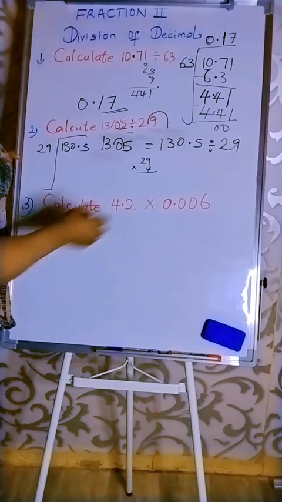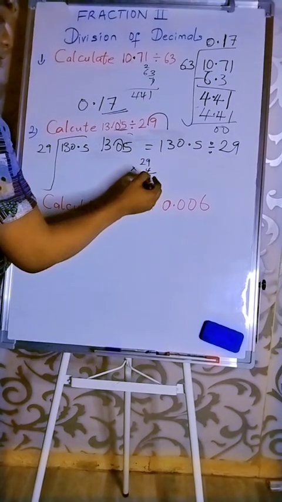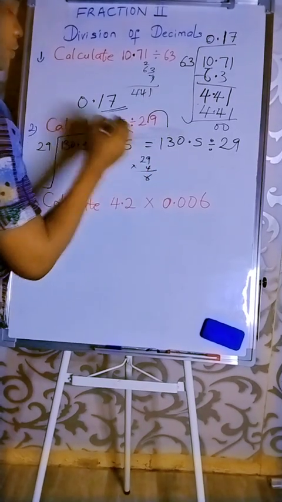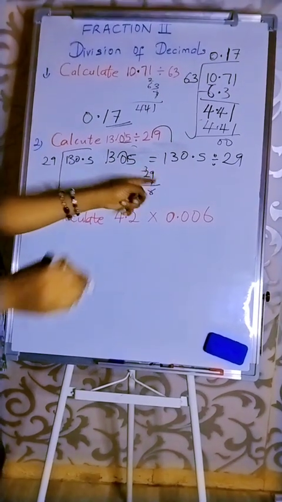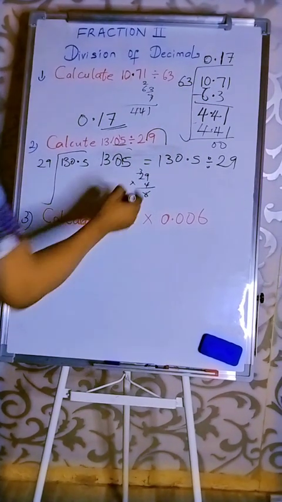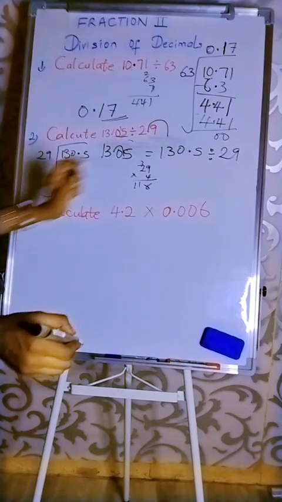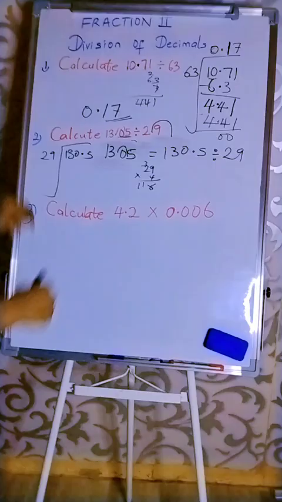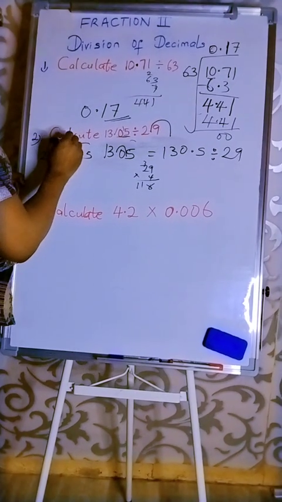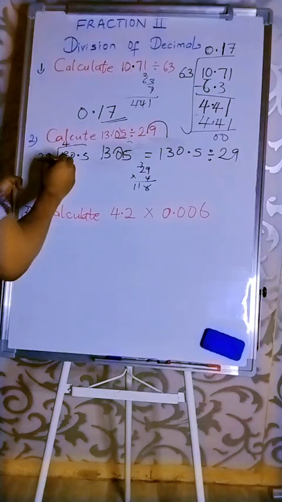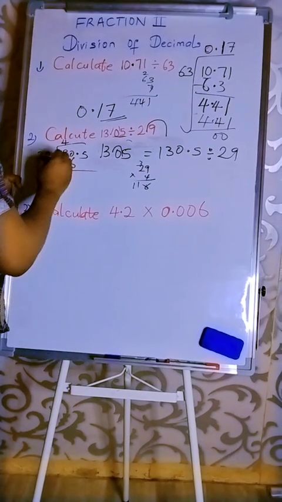It will be easier for you. 4 times 9 is 36. Carry 3. 4 times 2 is 8, plus 3 is 11. Now if you add another 29, it will not be enough, right? So we use that 4. Yes, 4. Remaining 14, with 116 subtracted.